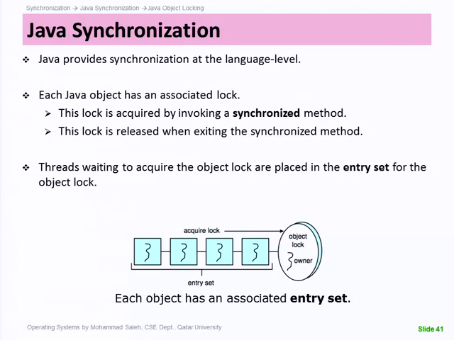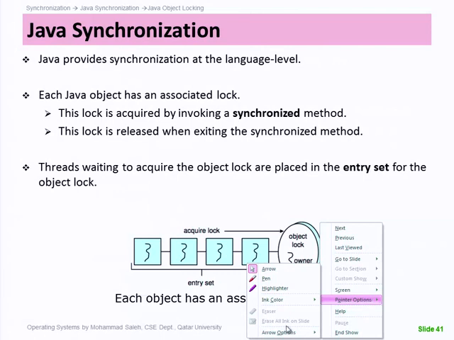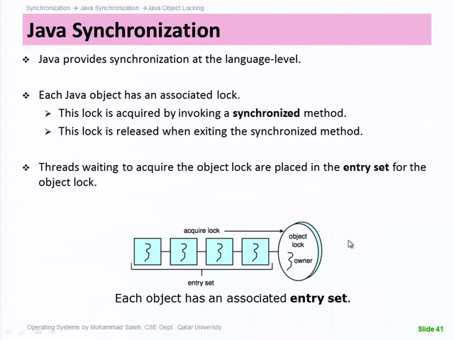We have mentioned before that every object in Java comes with a locking mechanism. All objects in Java. However, the activation of the locking mechanism is done by using the synchronized keyword. So every object has an entry set, as well as a wait set, which you're going to see when we talk about wait and notify.